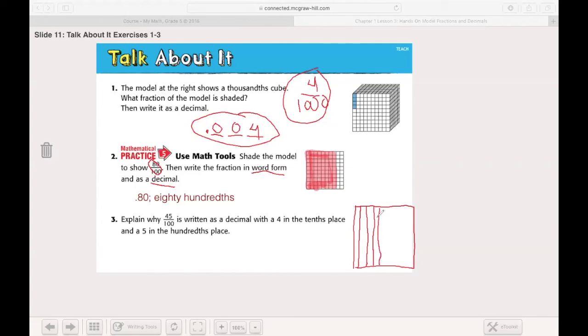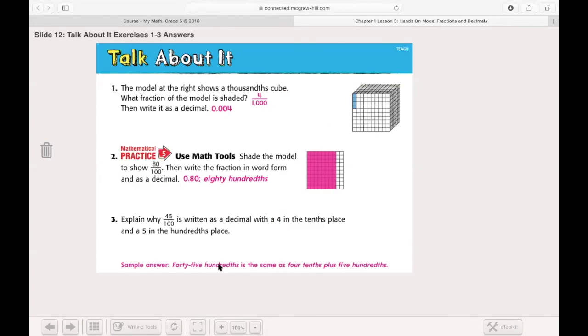And then in addition to that, 5 small squares. So the reason why the 4 is in the tenths place is because 4 full tenths columns are part of it, and 5 hundredths squares. 45 hundredths is the same as 4 tenths plus 5 hundredths.